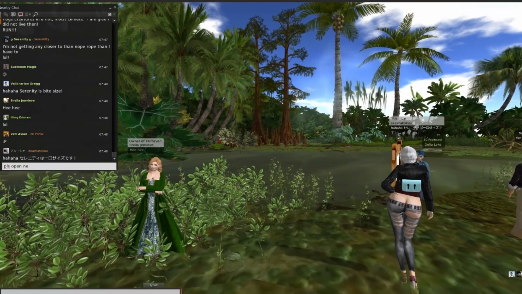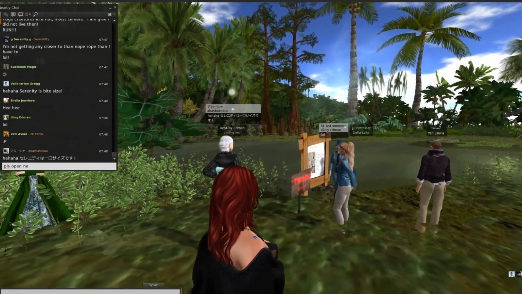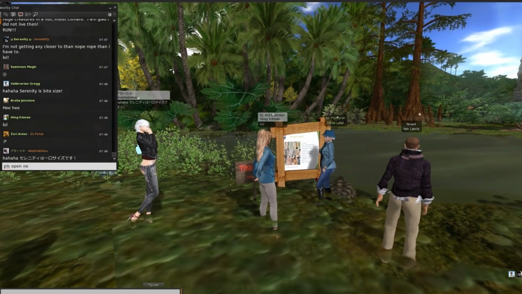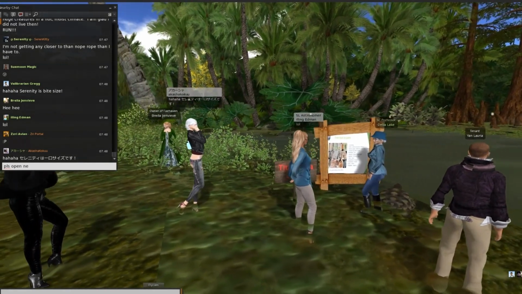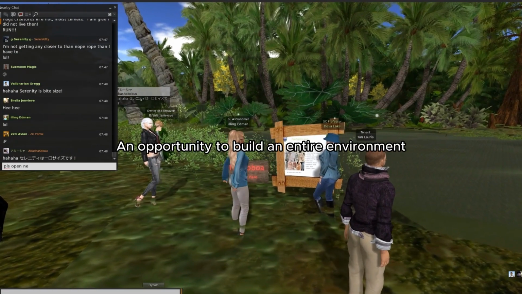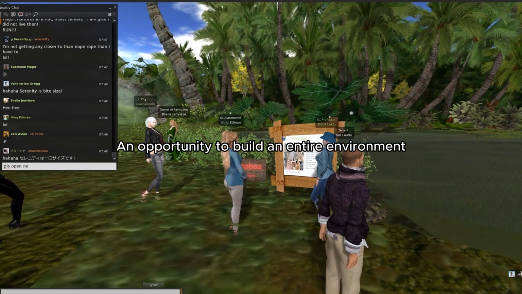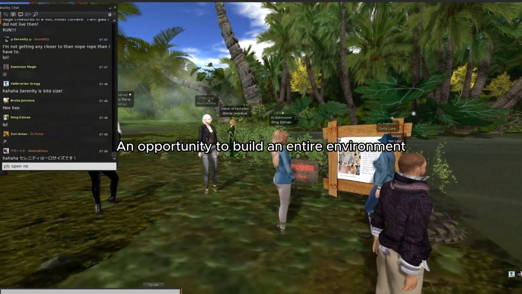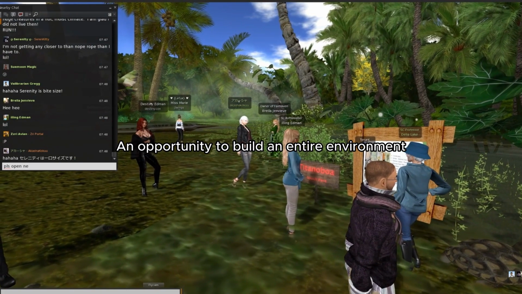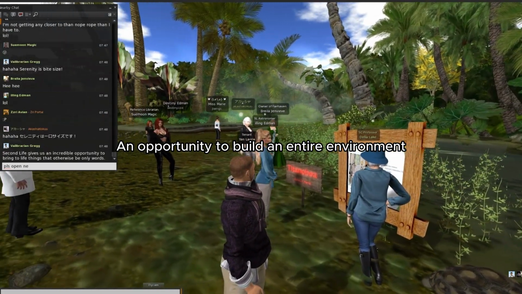So the other thing I wanted to say here is that Second Life gives us a really incredible opportunity to bring to life things that would otherwise be just words. And the words are important. It's not to say that you can't weave a story and have a good story and imagination.